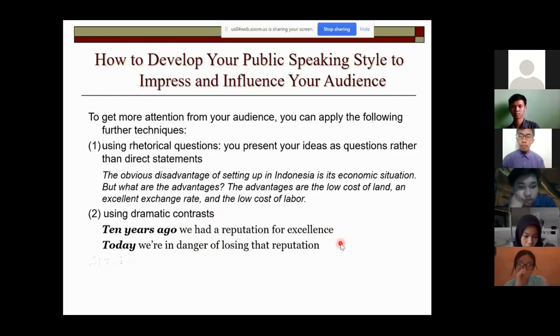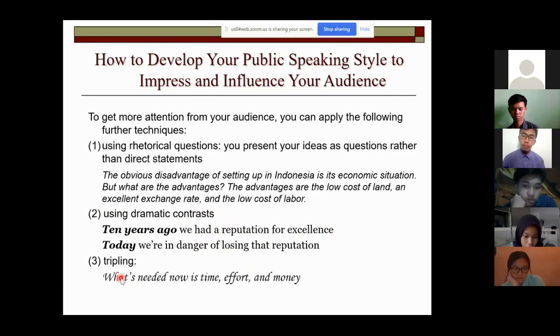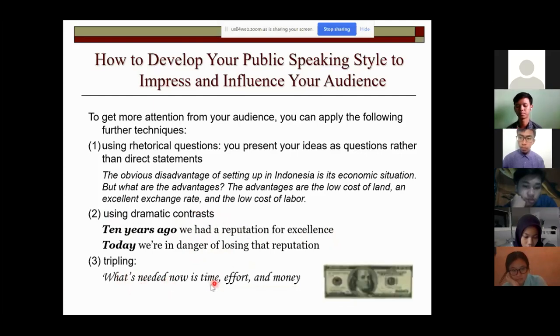Then the third one is tripling technique. Triple from the word 3 times. This is the example: Ladies and gentlemen, what's needed now is time, effort, and money.